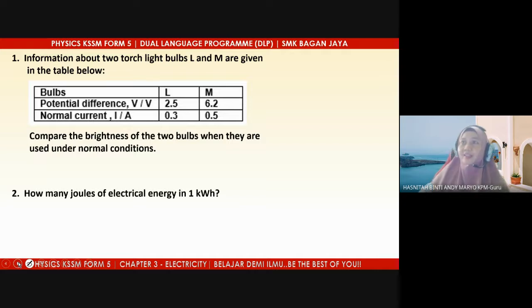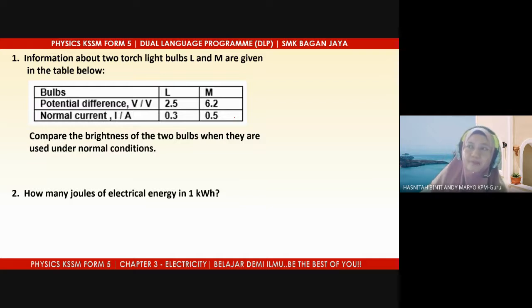Okay, this is the information you are given about 2 torchlight bulbs, L and M. Potential difference for each: 2.5 for L, 6.2 for M. And the current flowing across the bulb: 0.3 ampere for L and 0.5 ampere for M. Okay, they ask you to compare the brightness of the two bulbs when they are used under normal condition.